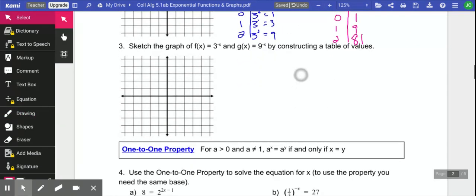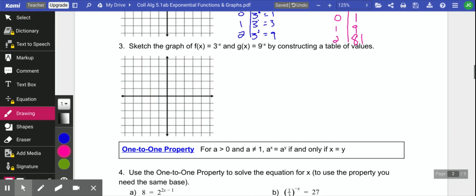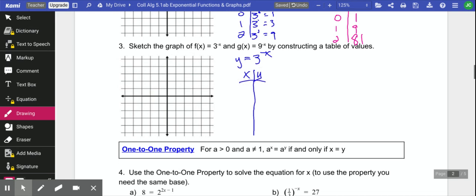All right, so let's take a look at what happens when we have 3 to the -x instead. So I'm going to graph this first, 3 to the -x. I'm just going to create a little table of values. I'm going to plug in the same points. So we're doing 3 to the -2, which of course is just 3 squared.